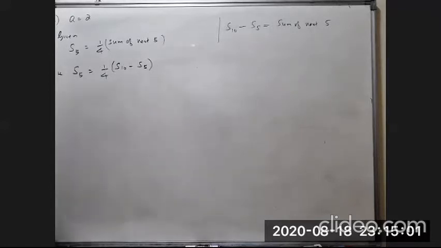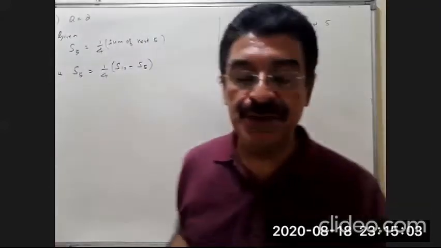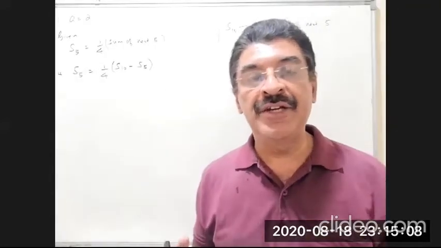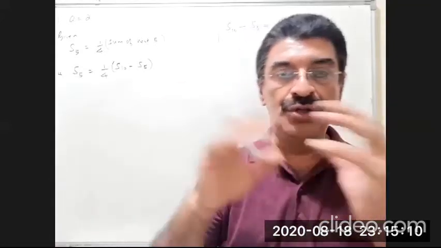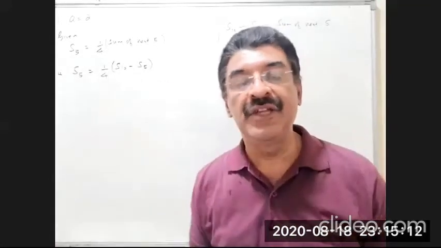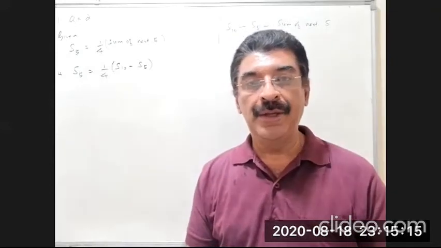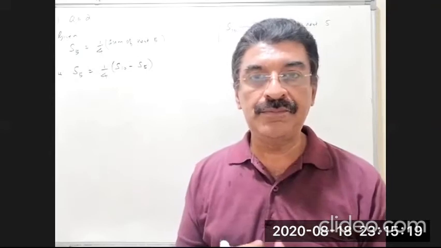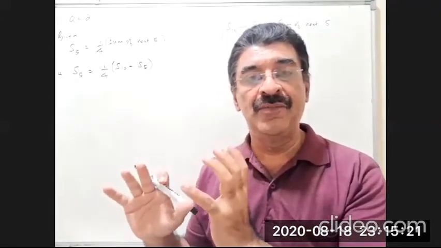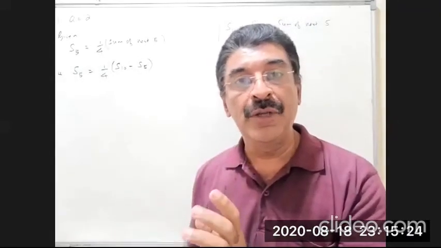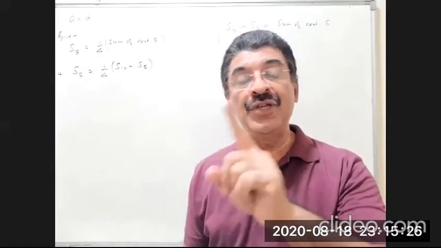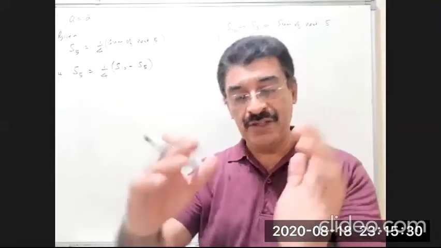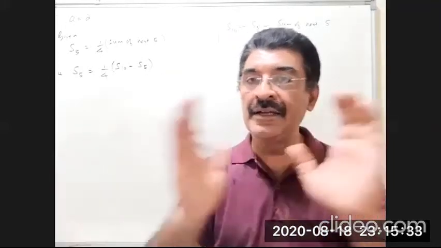See, in all such questions, whenever a relation between two terms or two sums is given in an AP question, one of the basic simplifications is to write the corresponding formula and get the relation between A and D. Keep A on one side and D on the other side.